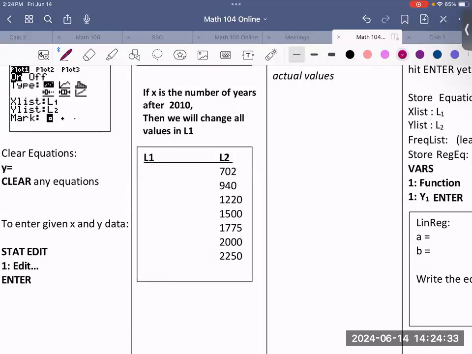So for list 1, we should have the values 1, 3, 2015 as 5, 2017 as 7, 2019 as 9, 2021 as 11, and 2023 as 13.